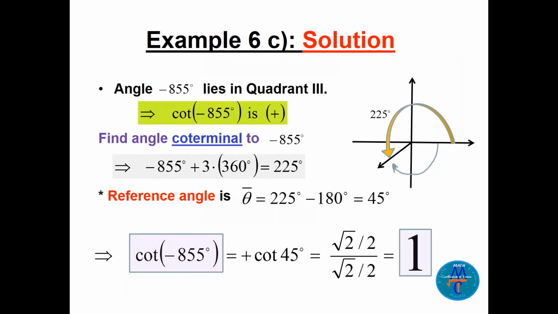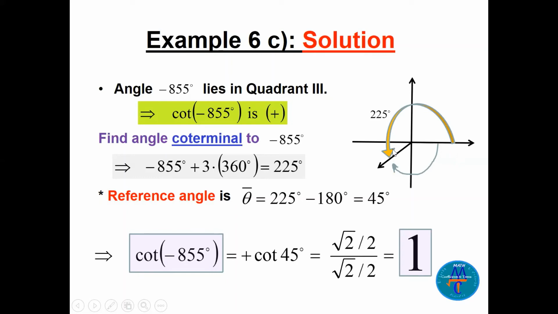Let's see the last one, cotan of minus 855. The angle is negative, so we have to find the coterminal angle to know in which quadrant. You add multiples of 360, 360 or 720, whatever. Here we add 3 complete cycles: 3 times 360 is a positive number, added to minus 855 gives 225.